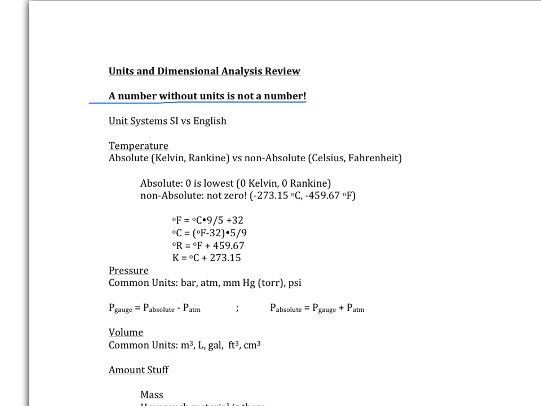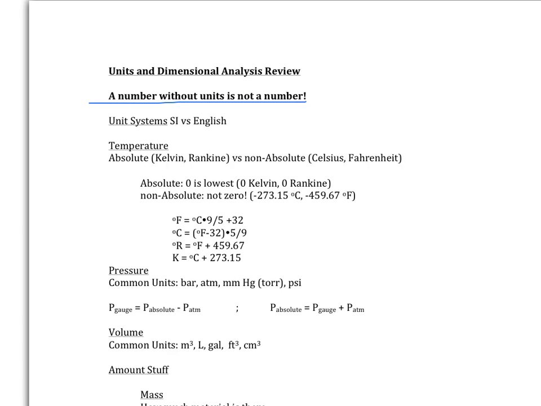Basically there are two systems: the international, the SI unit system, which is meters and joules and liters and so forth. This is the system that we tend to use in the scientific world, so you'll see it and we'll use it a lot.